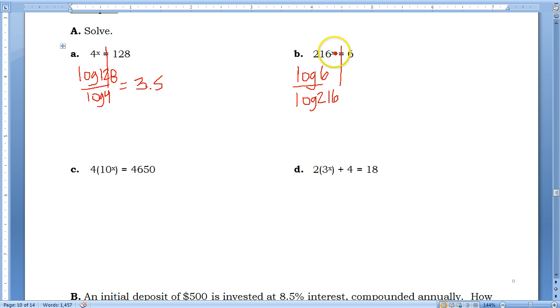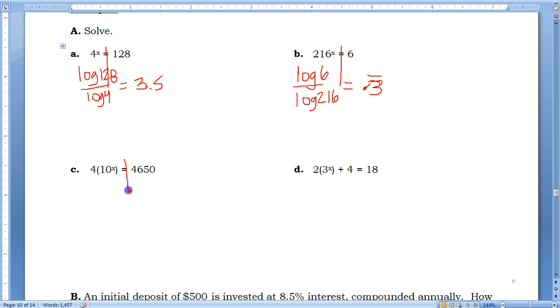So log 6 divided by log 216 comes out to 0.3 repeating. And so 216 to the power of 0.333333 will give you 6.